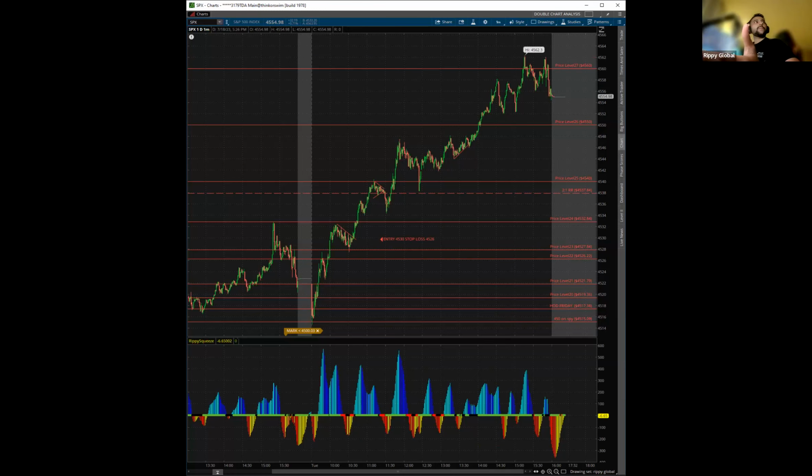I'm going to do a quick example. Say someone has $1,000 per trade sizing, and I'm going to show you. Let's say there's a play, SPX 45.50 call, and you buy them at $1.